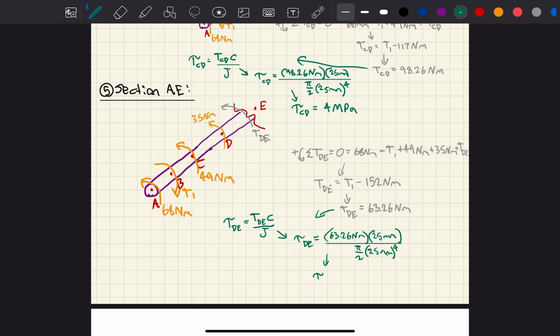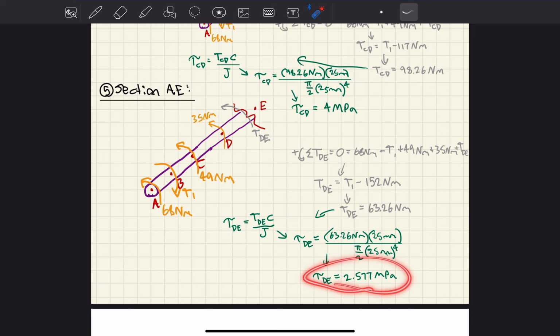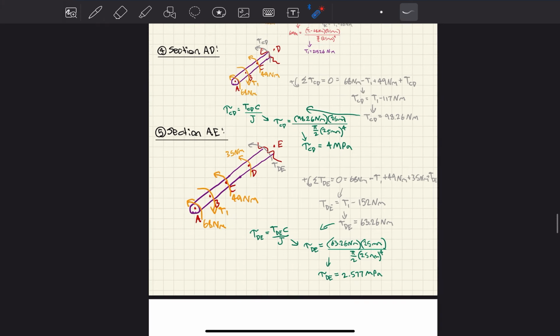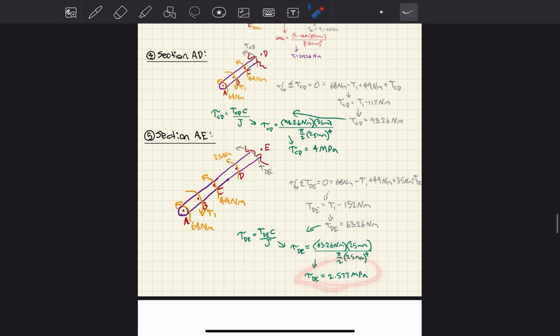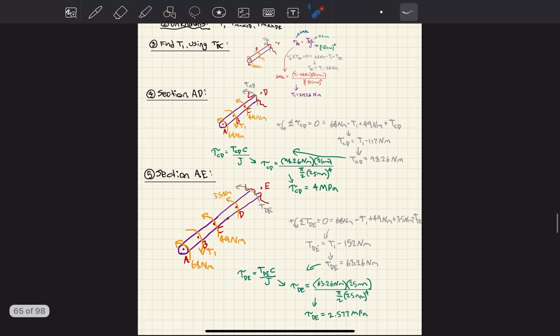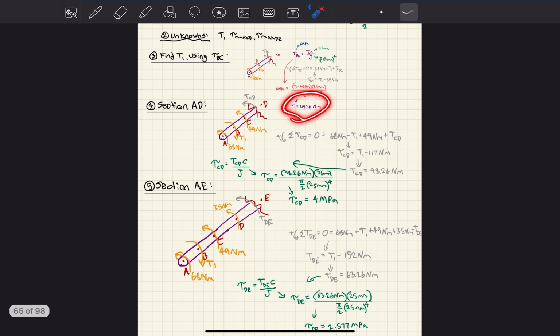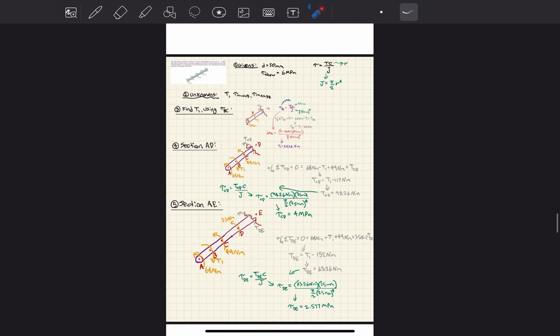And from this, tau DE is equal to 2.577 megapascal. So this is the shear stress that acts within your section DE, the maximum shear stress within your section CD, and the torque T1. So those are your answers to this question.